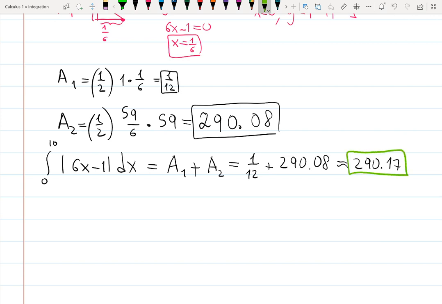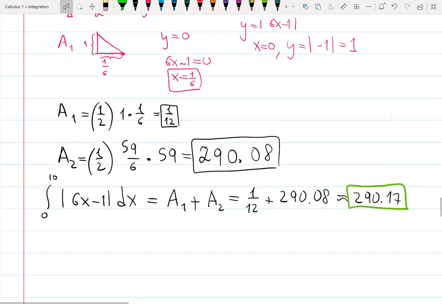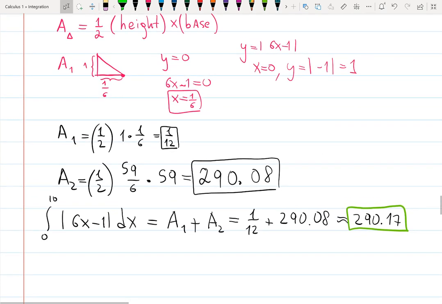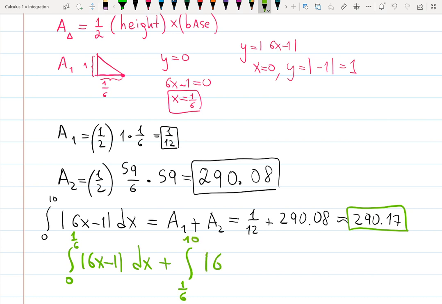So we used properties of integrals, the properties where we can add pieces, right? You know what we did? We integrate first from 0 to 1/6 the same function 6x minus 1 dx. And then we keep integrating from 1/6 to 10, 6x minus 1 dx.